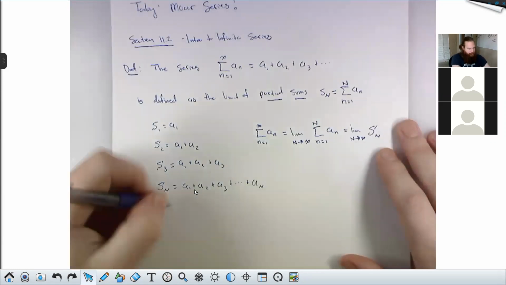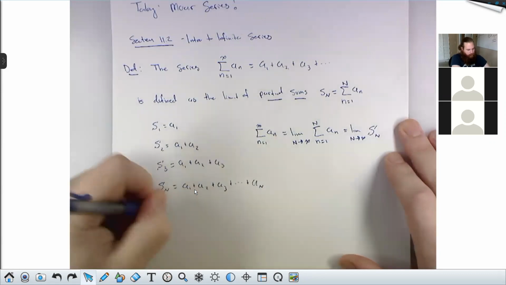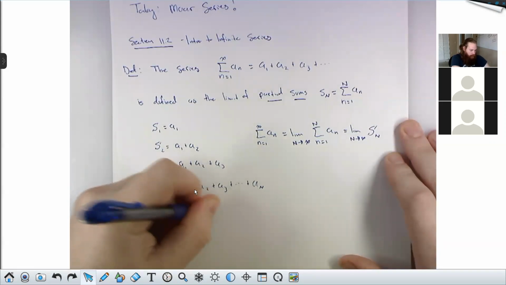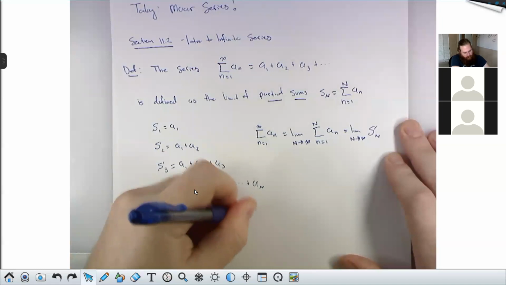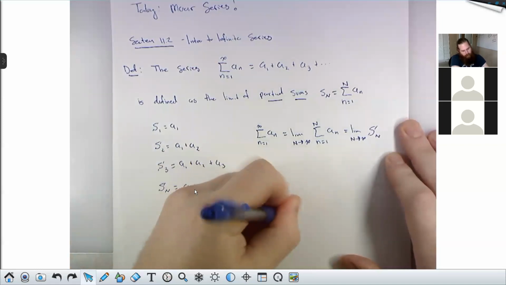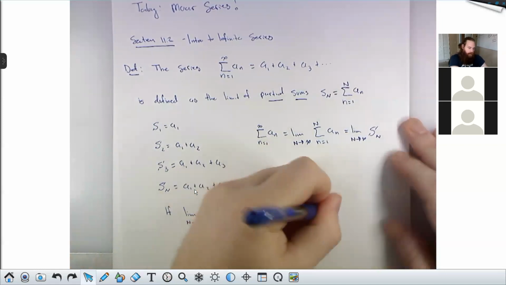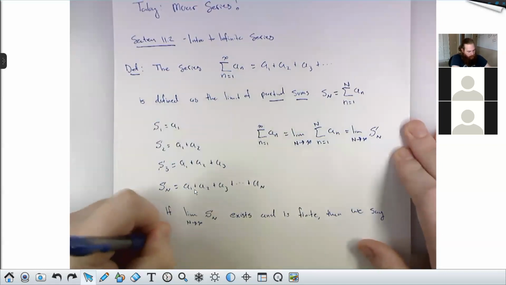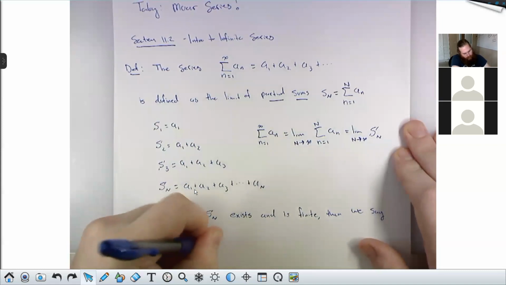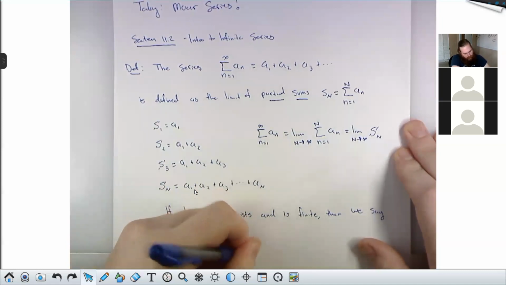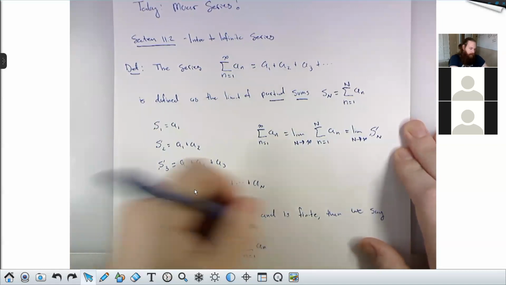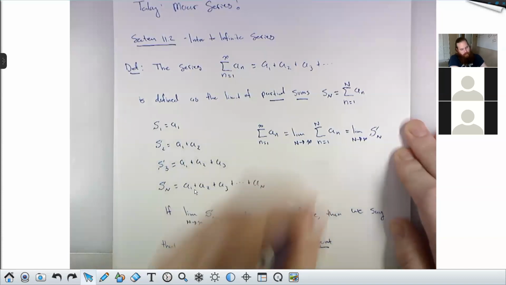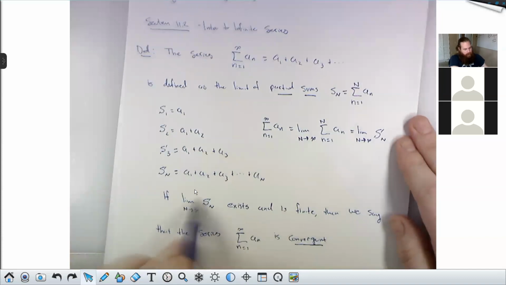So if the limit as N goes to infinity of S sub N exists and is finite, then we say that the full infinite series sigma n from 1 to infinity of a_n is convergent, having the value of this limit.